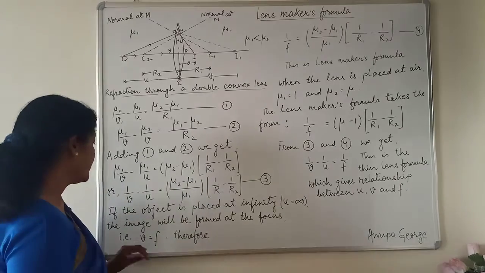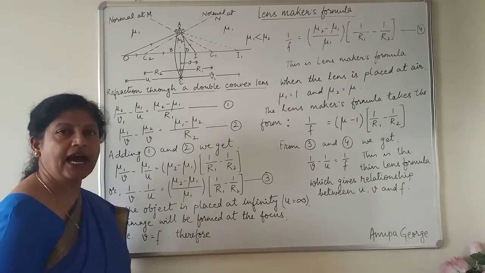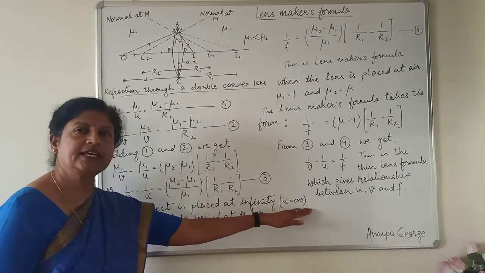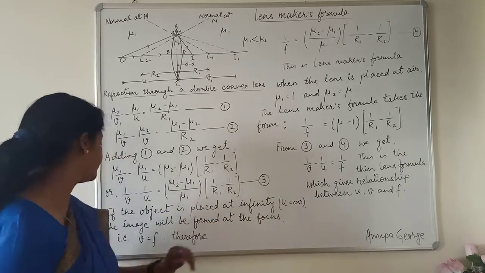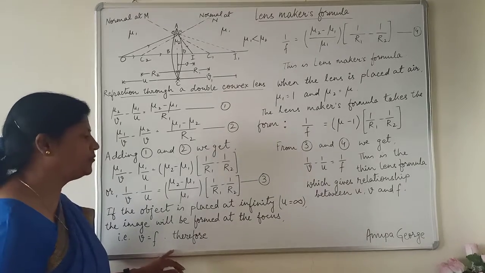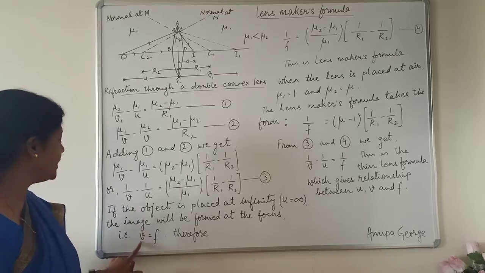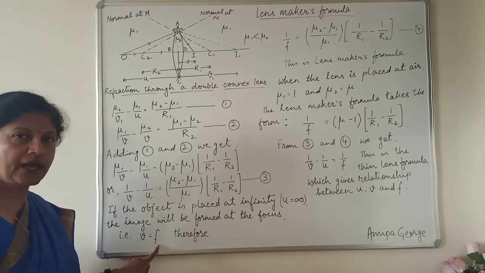Now, if the object is placed at infinity, it means u is equal to infinity. The image will be formed at the focus, that is, v is equal to f.